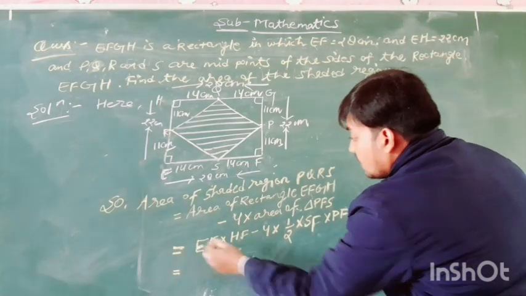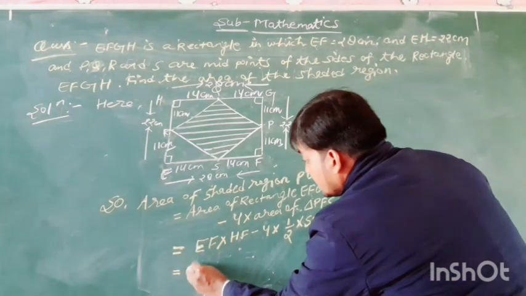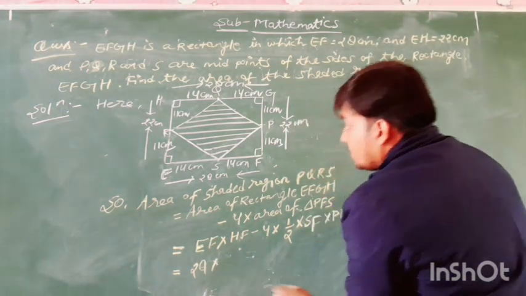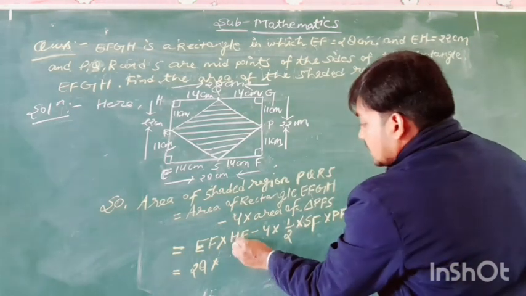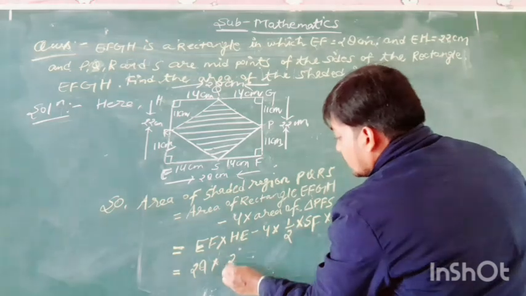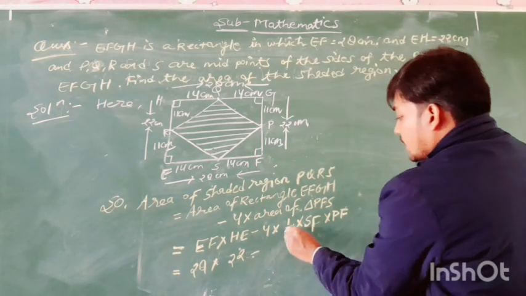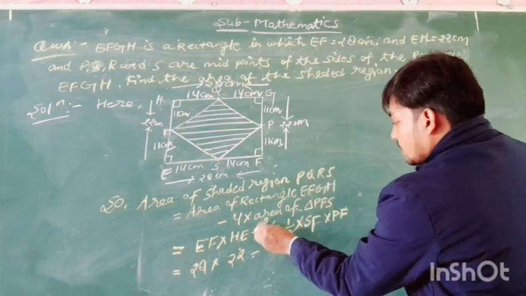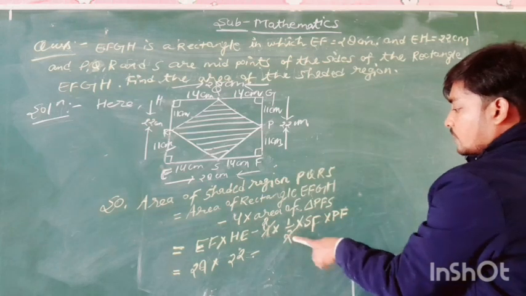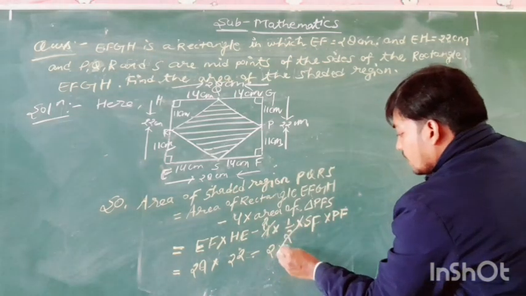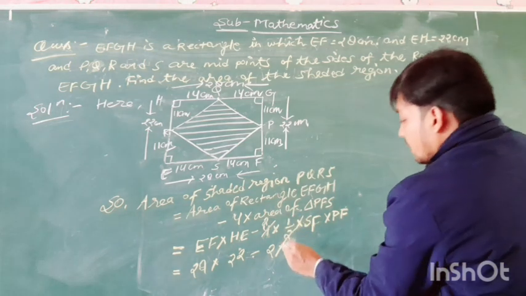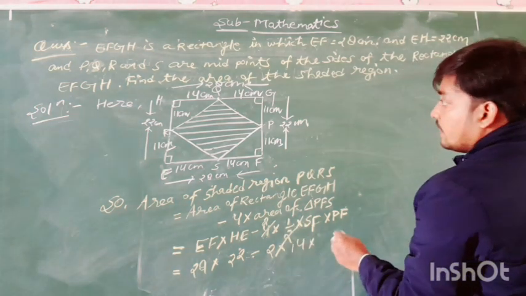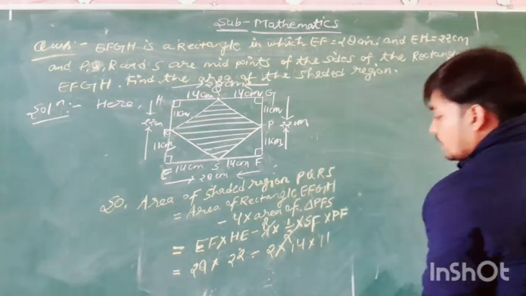Put the measure of EF, which is 28, measure of HE, which is 22, minus 4 into 1 by 2 into SF, measure of SF, 14, and measure of PF is equal to 11.